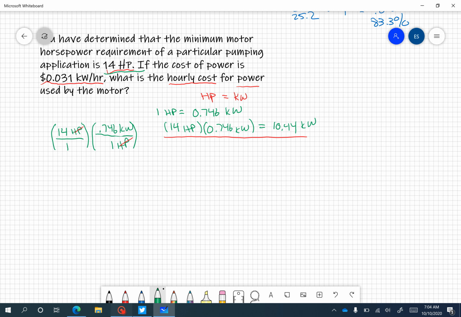Now we're also given the price of electricity in kilowatts per hour right here.